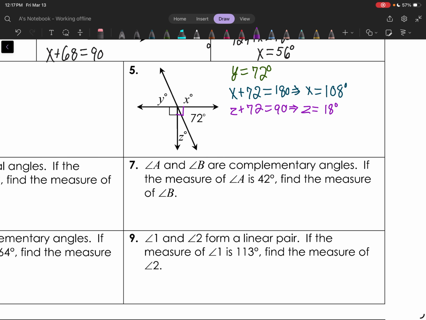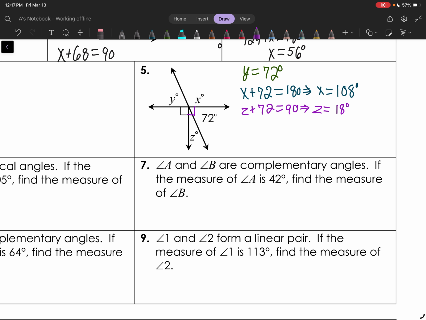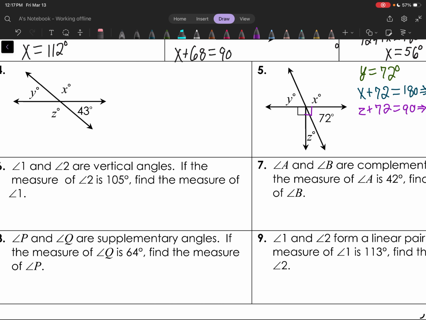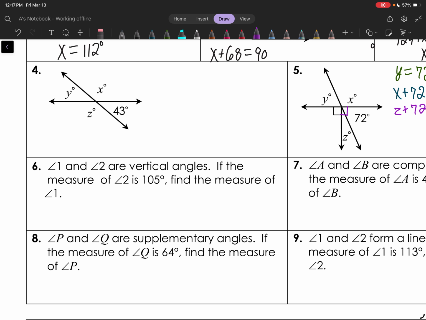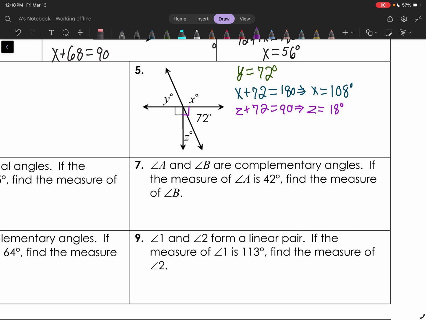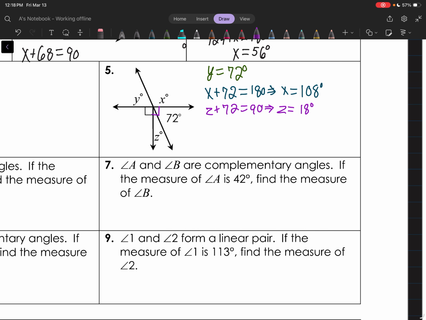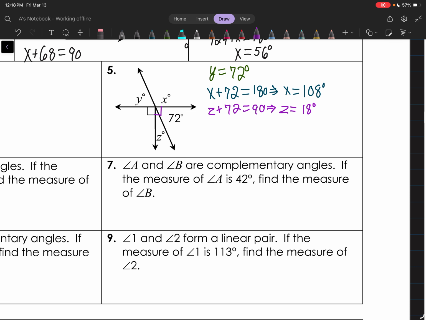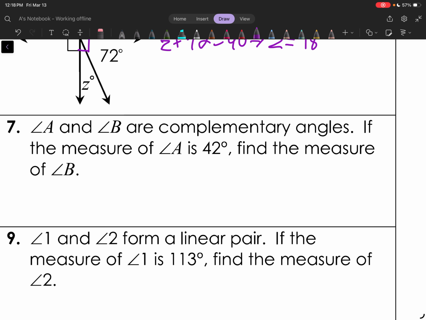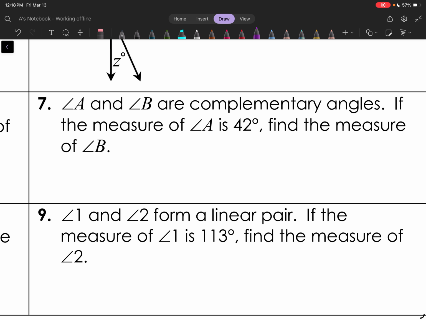Alright, the ones with words. I'm going to do numbers 7 and 9. Number 7, A and B are complementary angles. So I know they're going to be adding to 90.